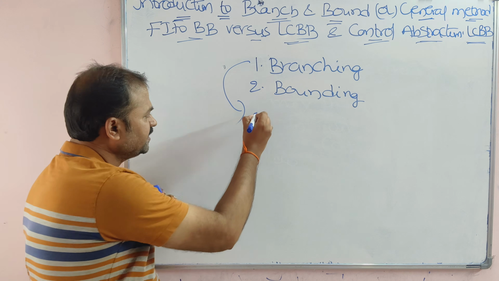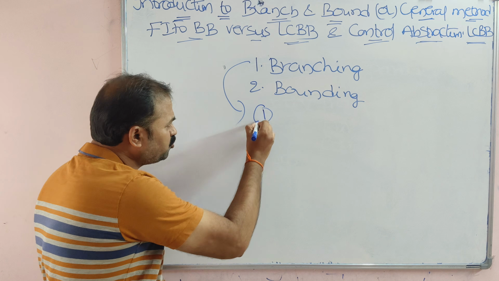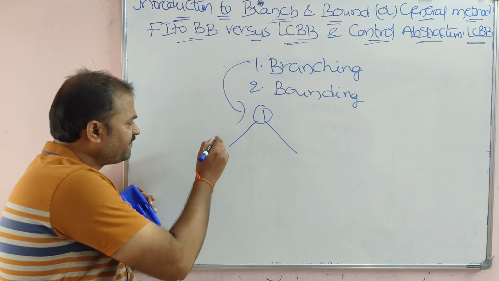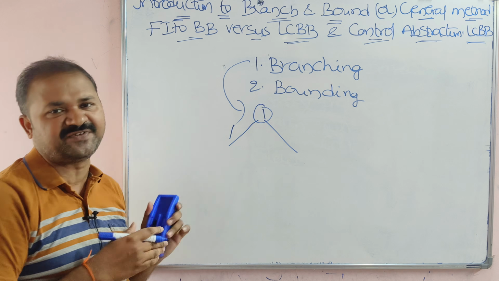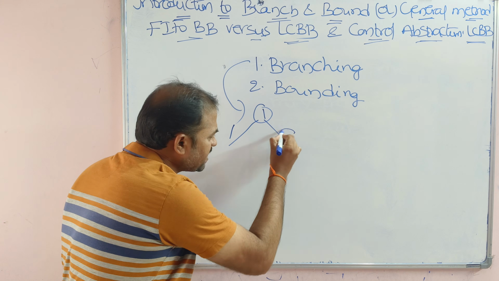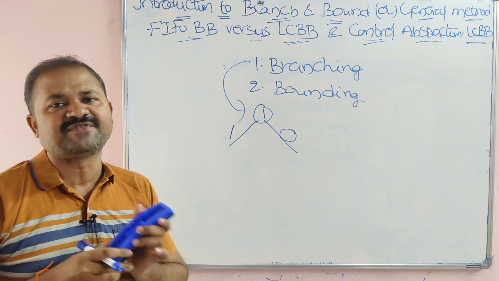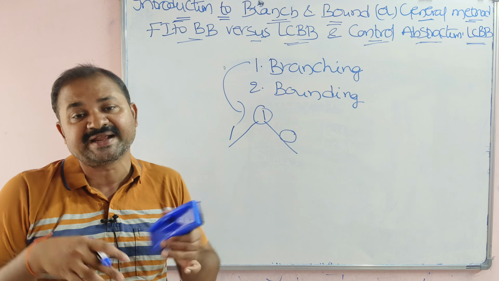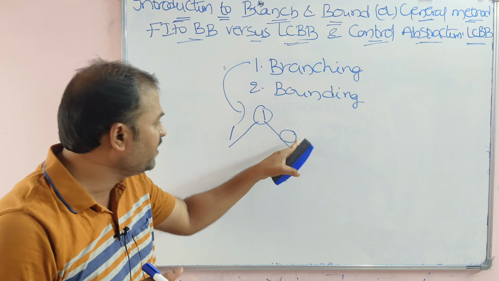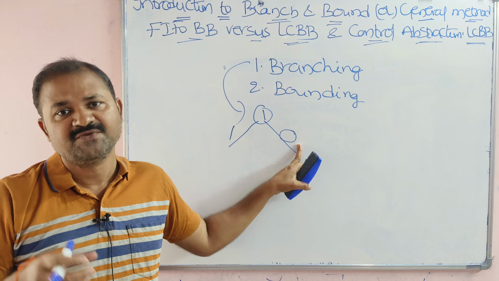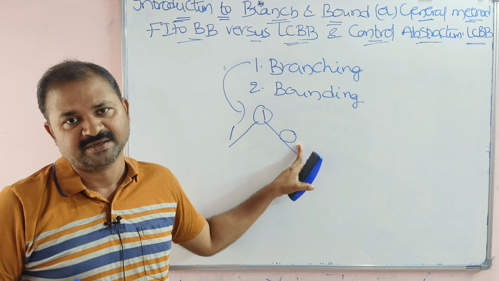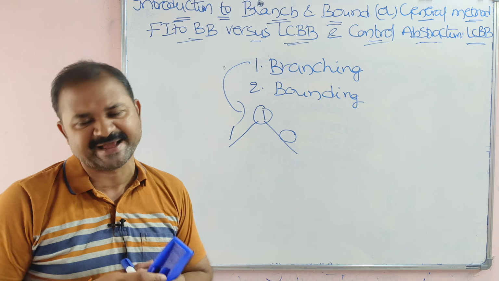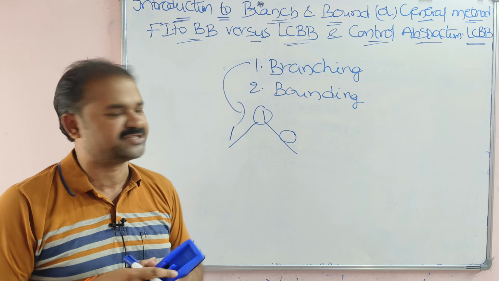Branching means each node will have two branches, a left branch and a right branch. Left branch means the value is 1, right branch means the value is 0. Left branch means we are including that object, we are considering that object, whereas right branch means we are excluding that object. So that is about branching.